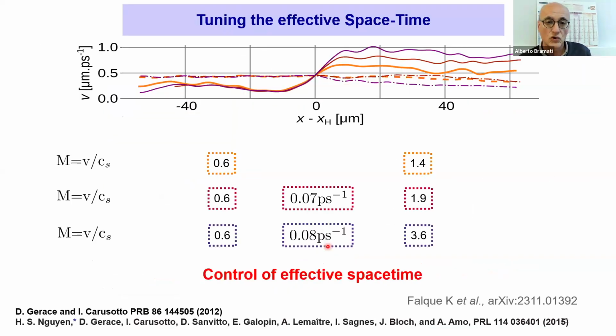We can control and change the speed of the fluid at will, and then we can also control the steepness of the horizon and increase it. This means that we can control the effective space-time. In this region here, we can see that the Mach number, the ratio between the speed of fluid and the speed of sound, is increasing.